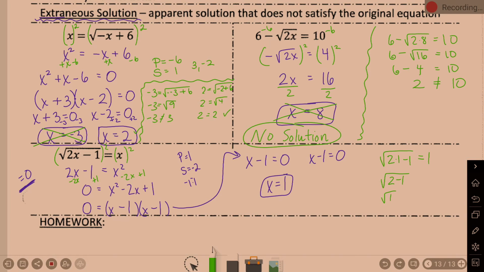The square root of 1 is? It's just 1. 1 times 1 is 1. So the square root of 1 is 1. So what's that tell me? That it works. Our answer is 1.